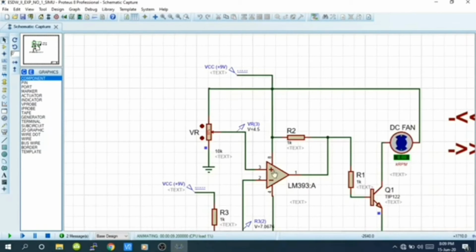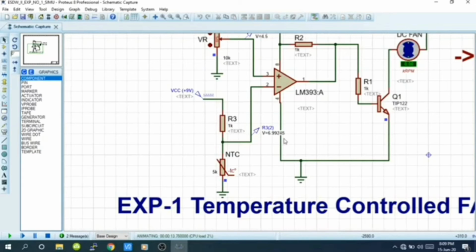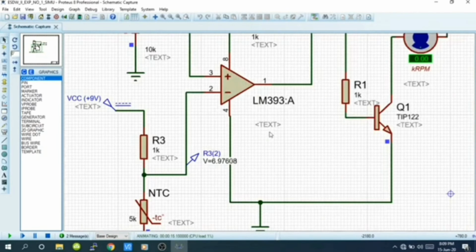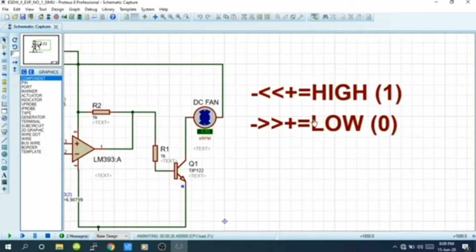The NTC thermistor will give a low resistance, as resistance goes on decreasing. So the voltage at the inverting terminal also goes on decreasing. Whenever the voltage at the inverting terminal is less than the non-inverting terminal, this happens as the temperature level goes on increasing. The voltage from the NTC thermistor as per the temperature is compared, and the output of the operational amplifier is applied to the base of the transistor through resistor R1.